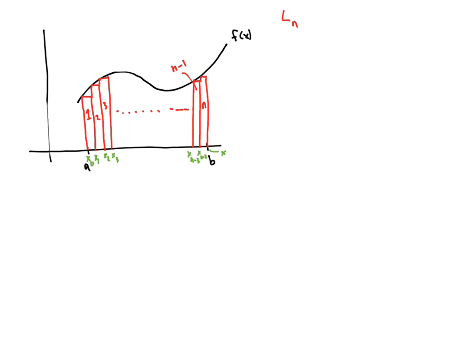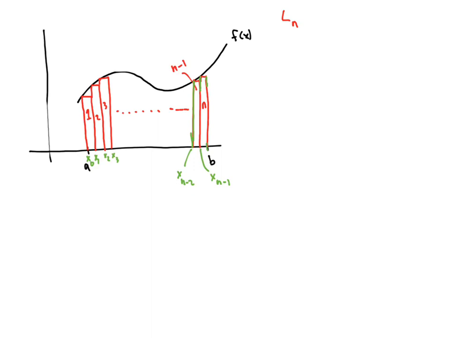I was counting too many here, so we're just going to look at this one. This value here is going to give us the height of the n minus 1 rectangle, so this is going to be x of n minus 2, and then this right here is x of n minus 1. We don't need to look at that last position because it's the same height on both sides here.